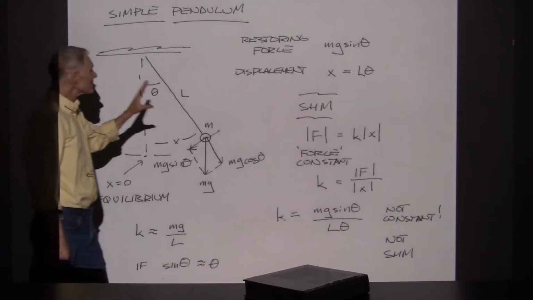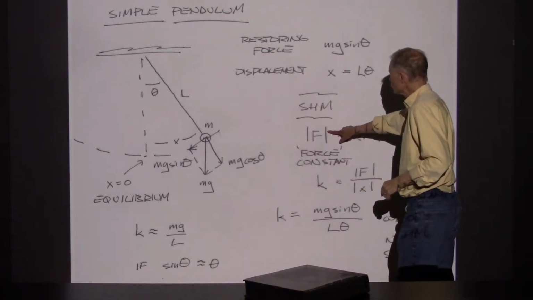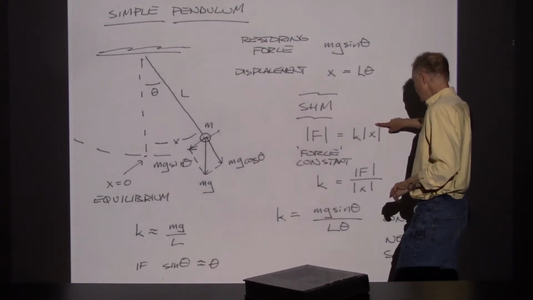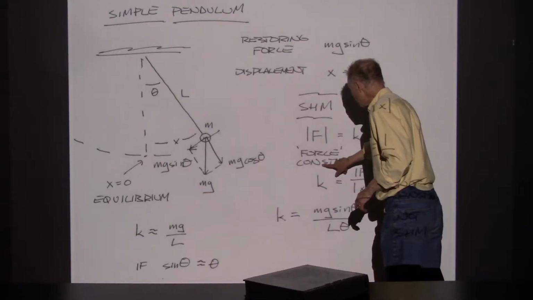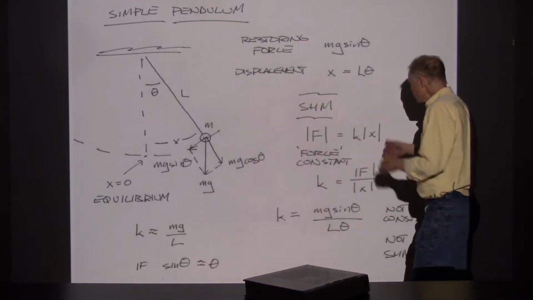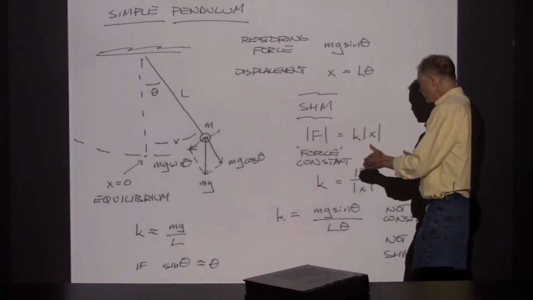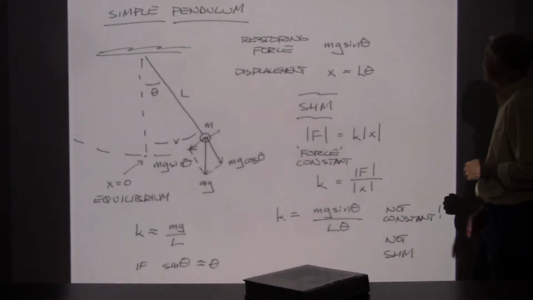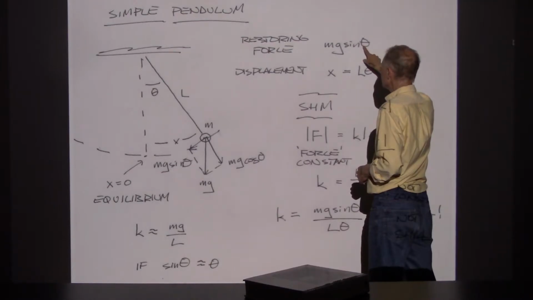Now, the way simple harmonic motion works is that I need a restoring force that's directly proportional to displacement. That says that the k value, the force constant, needs to be the absolute magnitude of the force divided by the absolute magnitude of the displacement at that location. Now, the restoring force is mg sine theta.